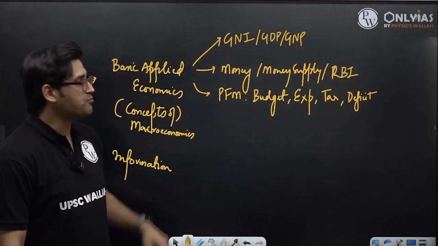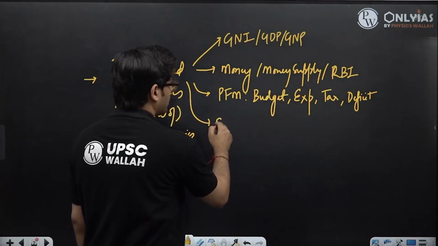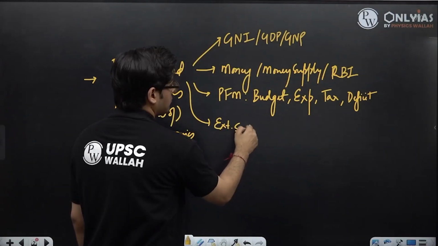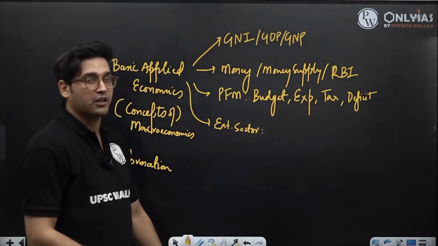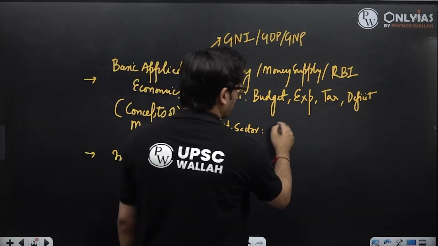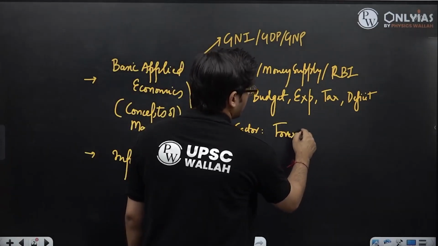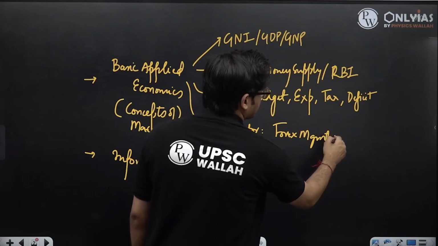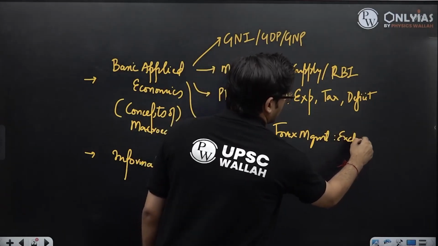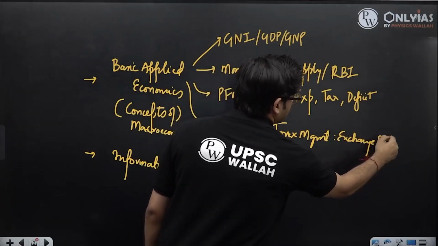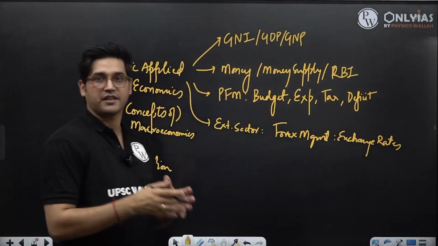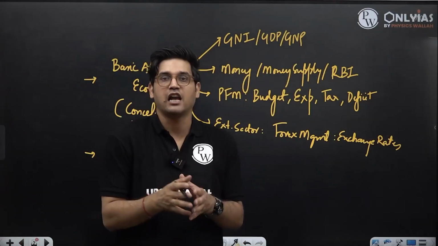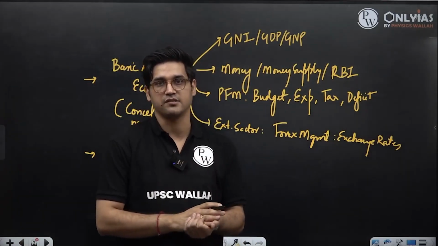So public finance management followed by the external sector. Herein, the underlying concepts will be what do we mean by forex management, and essentially forex management is about the exchange rates. What are the various types of mechanisms that help us determine the exchange rates for currencies?